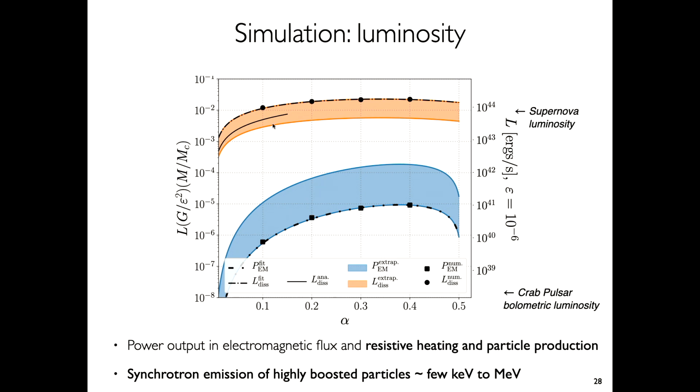And the total power, which is dominated by these dissipative losses, can be as high as the luminosity of a supernova, and many orders of magnitude larger than a typical real neutron star pulsar. So here, 10 to the 38 ergs per second is the total bolometric luminosity of the Crab pulsar, and we're getting up to 10 to the 44 depending on the model parameters.